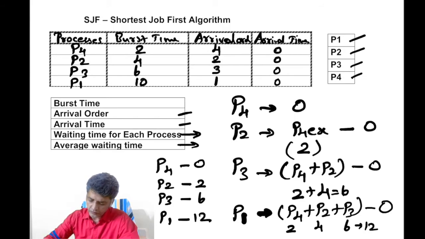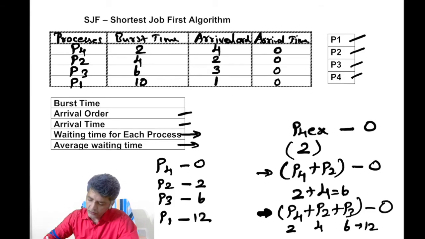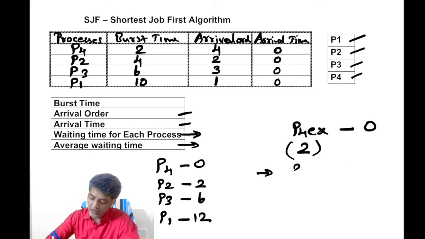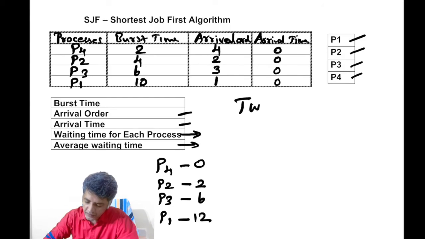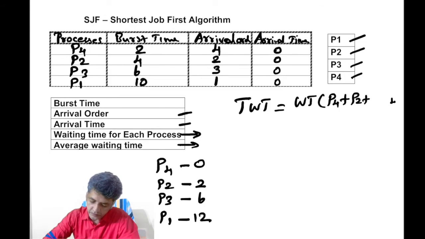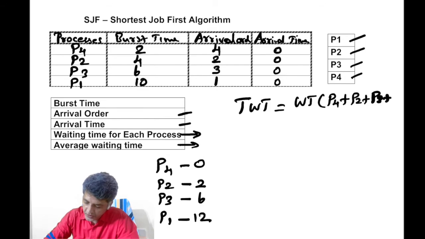So here, how can we calculate the total waiting time? We need to add all the waiting times, right? That is, each process's waiting time needs to be added and we can calculate the total waiting time. So total waiting time is equal to the waiting time of P4 plus P2 plus P3 plus P1, right?